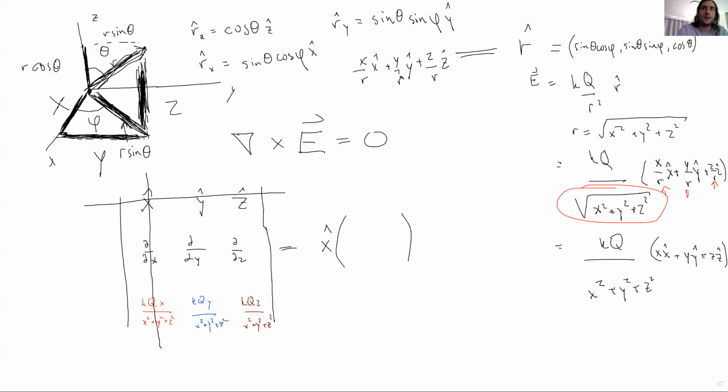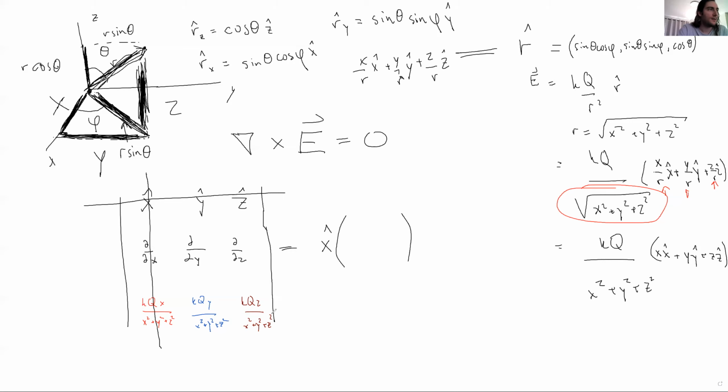And so how do you calculate a 2 by 2 determinant of a matrix? Well, it's the top left times the bottom right minus the top right times the bottom left. In this case, it's not really multiplication. It's the derivative of the bottom right minus the derivative of the bottom left. And what we see here is we have a y derivative on something which has a y squared in the denominator.